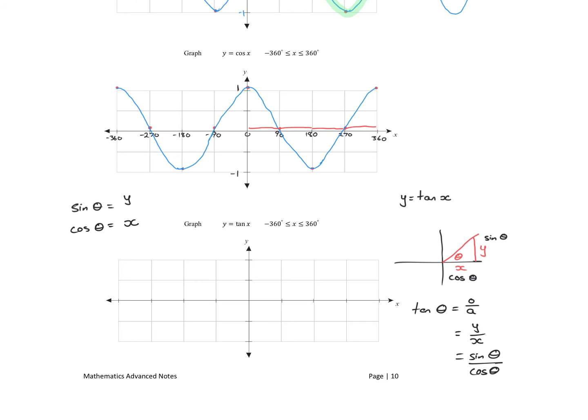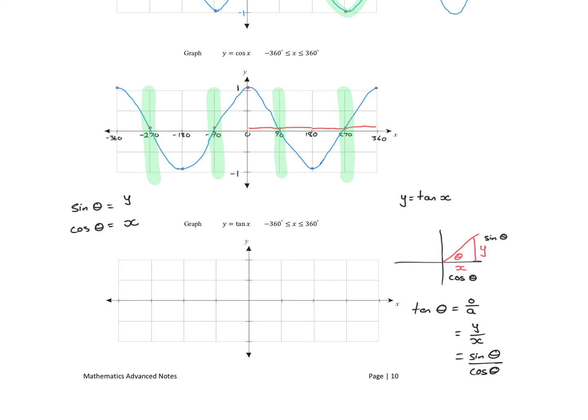So cos theta, wherever it is equal to 0, which is essentially where it intersects the axis, here and here. At those 4 points in our tan graph, we're going to have an asymptote.